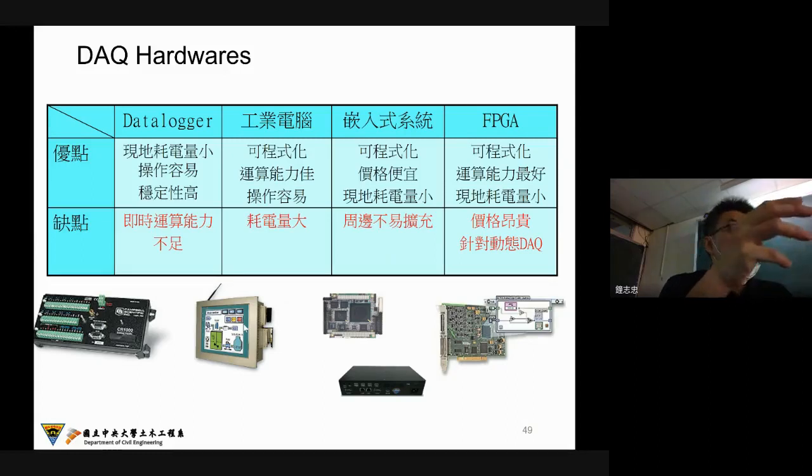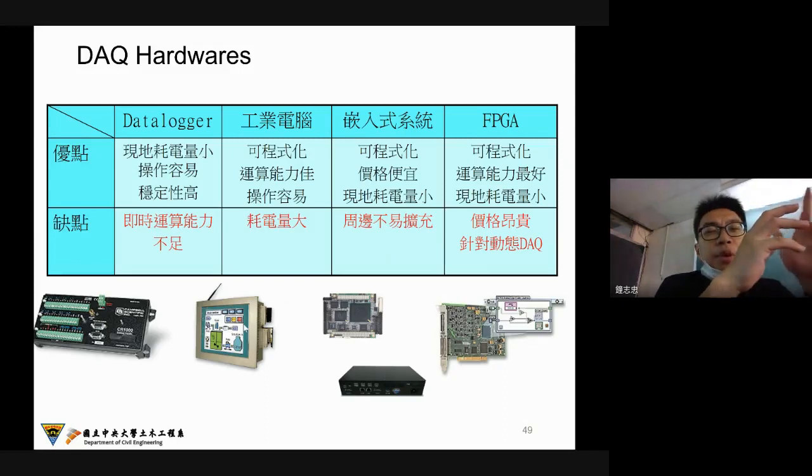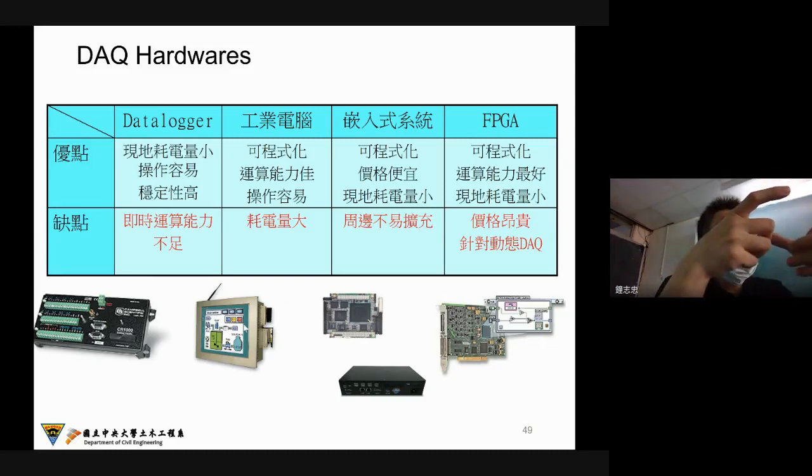This is an electrical circuit that can be programmed. I mean that a traditional electrical circuit is already fixed for some purpose. However, for the FPGA, maybe you can Google it by yourself. It is the field programmable gate array. So it means that you can program the electrical circuit, I mean the hardware, for some purpose.